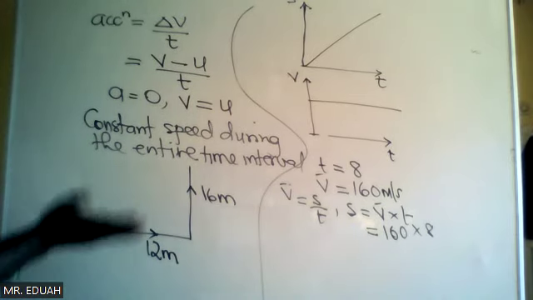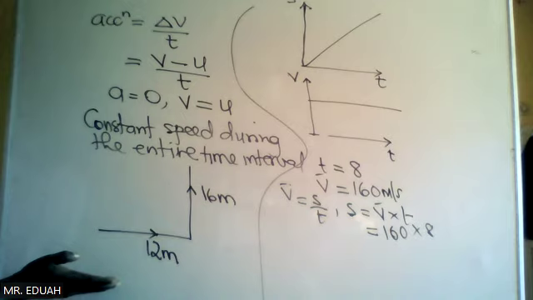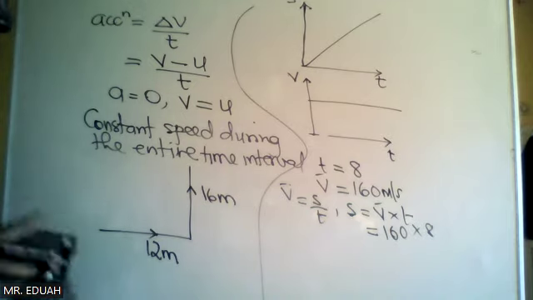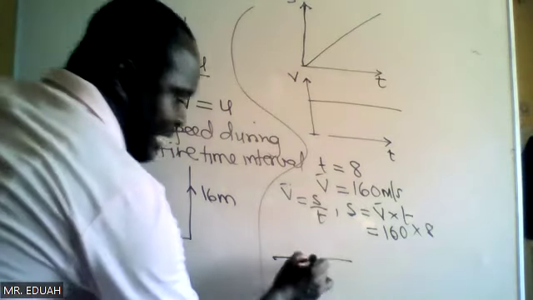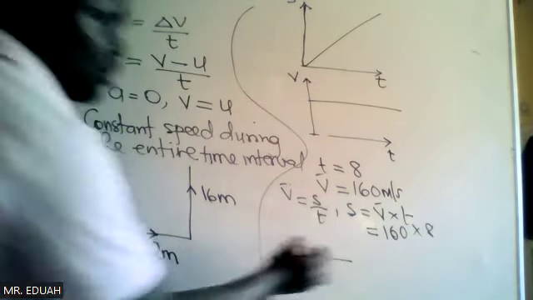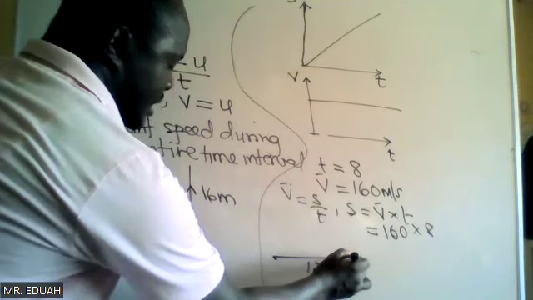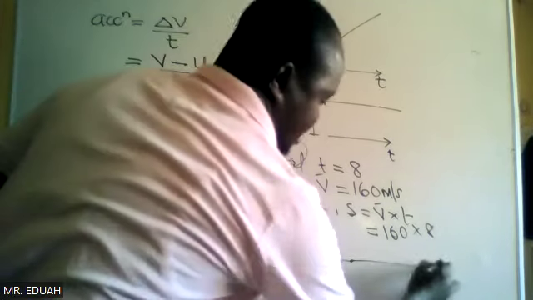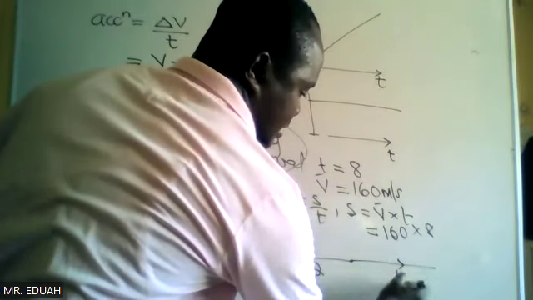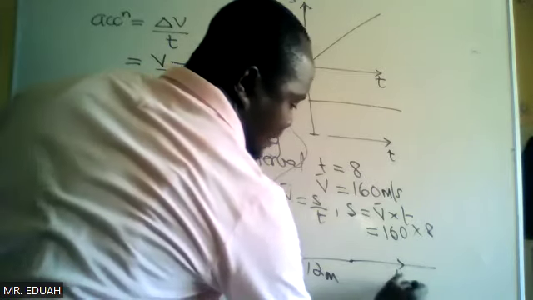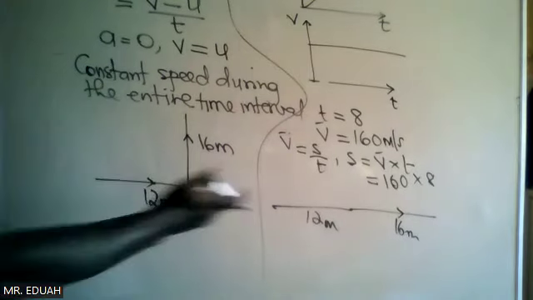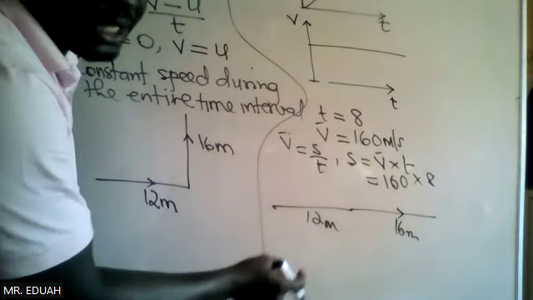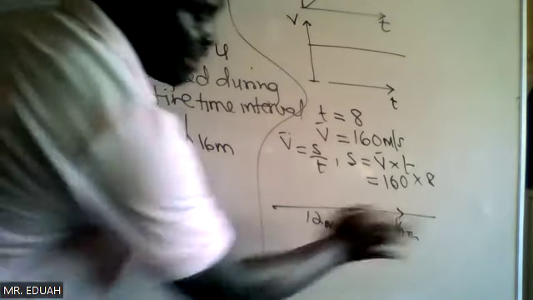If an object is displaced 12 meters to the right, and from there was displaced 16 meters in the same direction, since the displacement is along one direction, the resultant will be the addition of them.